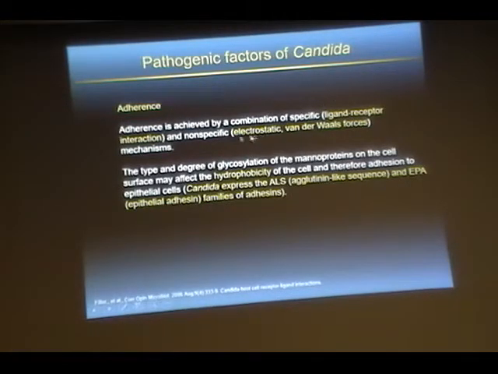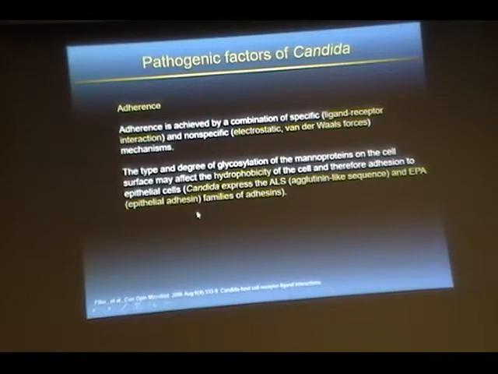So what are these factors? They have glycosylation of mannoproteins, so they have some glycoproteins, or sugar-attached proteins, on the cell surface, and that makes them really hydrophobic, and exclusion of water can make them attach to the epithelial cell much better than the other fungi.